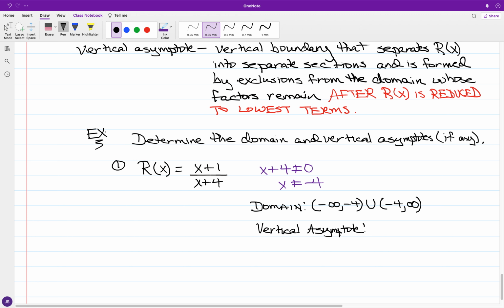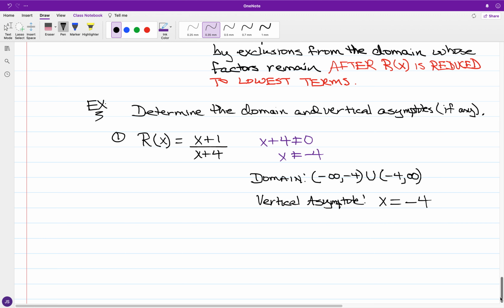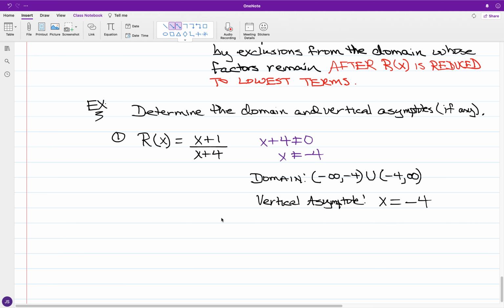In other words, that which was restricted but whose factor still exists in the simplified version of the rational function is going to be the vertical asymptote, and that's written as x is equal to negative 4.